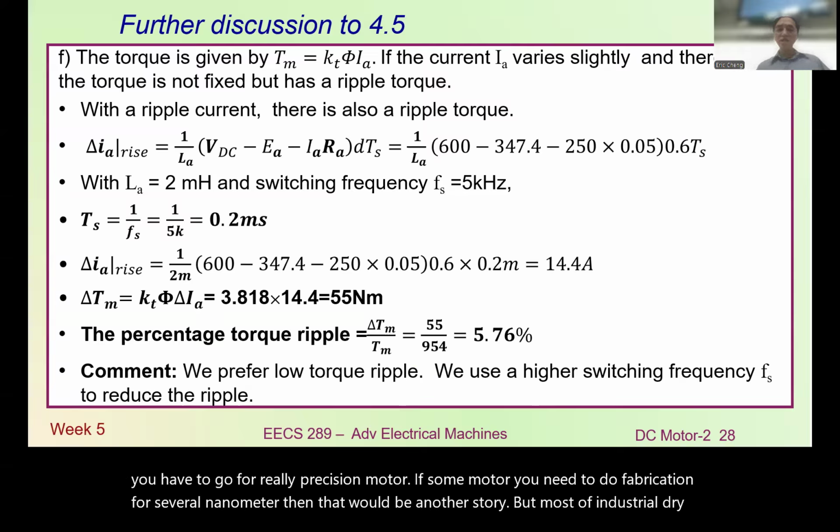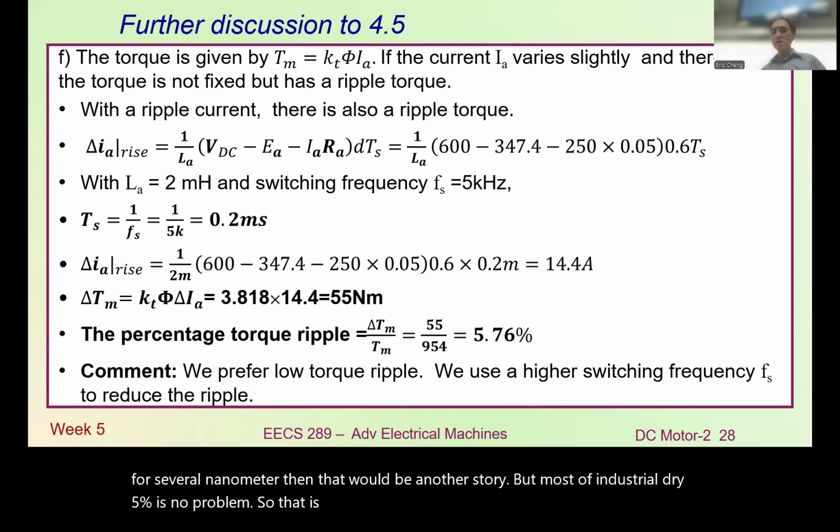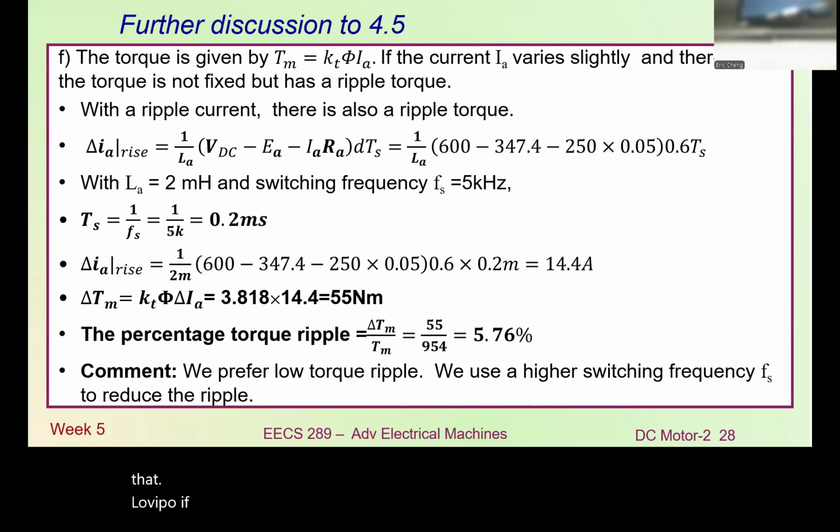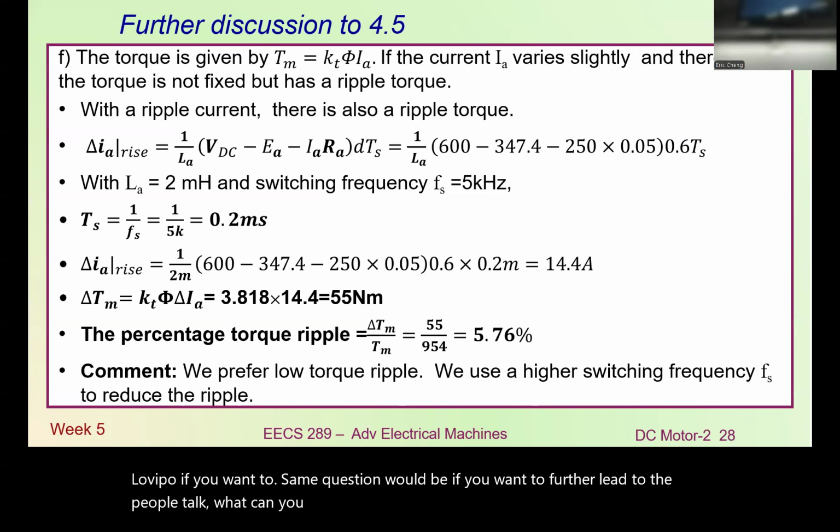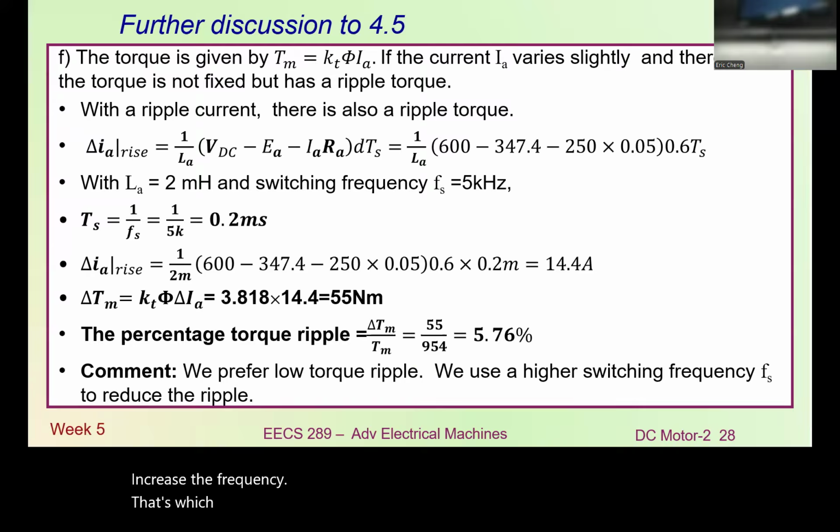We prefer no ripple, but how do we make sure we have no ripple? The second question would be, if you want to further reduce the ripple torque, what can you do for this tutorial? Increase the frequency. Which frequency? The transistor switching frequency.